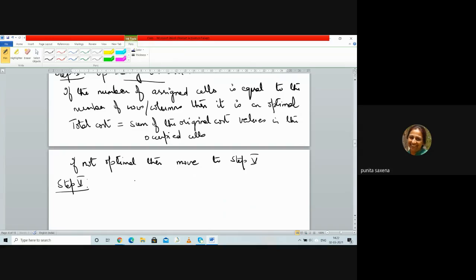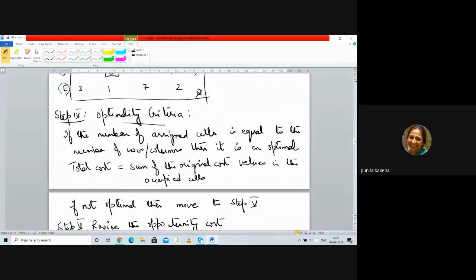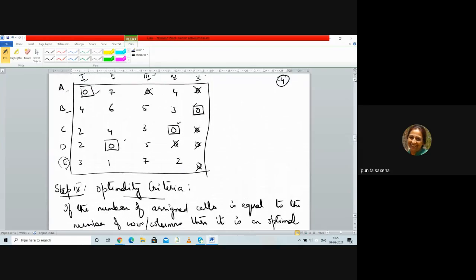Now, in step 5, what we are going to do is we are going to revise the opportunity cost. Now see, the logic in all the problems is the same, right? In the sense that obviously, if it is not an optimal solution, that means the assignments that we have made are not right.